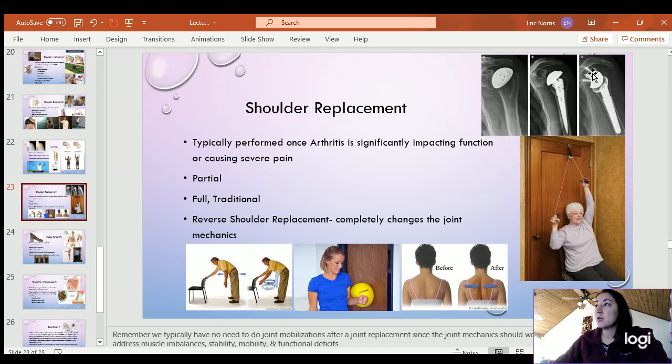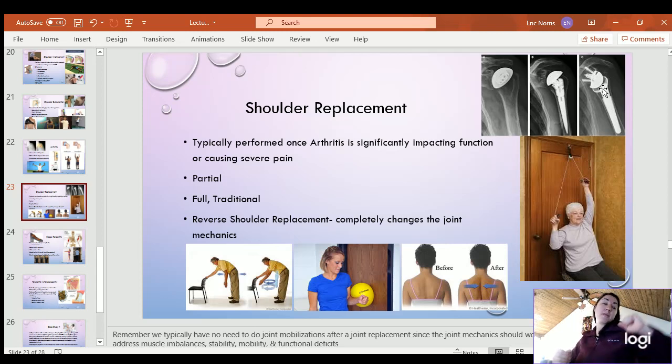And here is a reverse shoulder replacement. So a reverse shoulder replacement replaces the socket with the ball and replaces the ball down here with a socket. So it completely reverses now the angle and the joint mechanics at the shoulder.